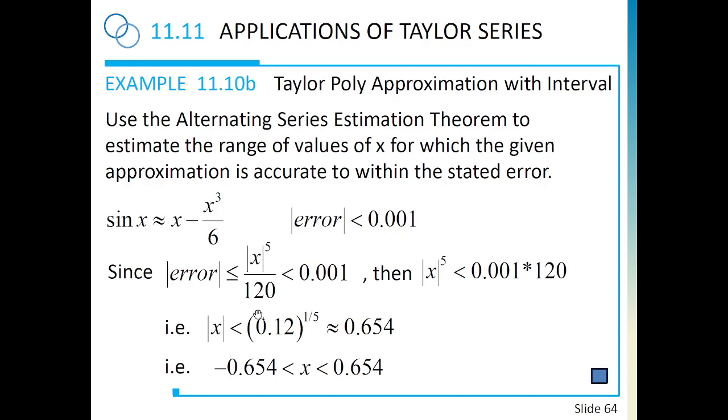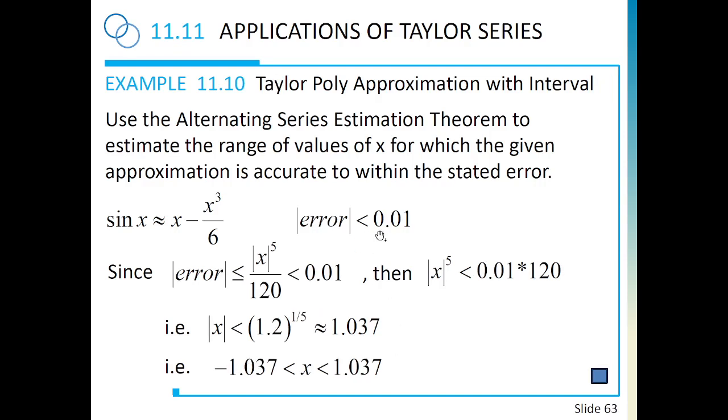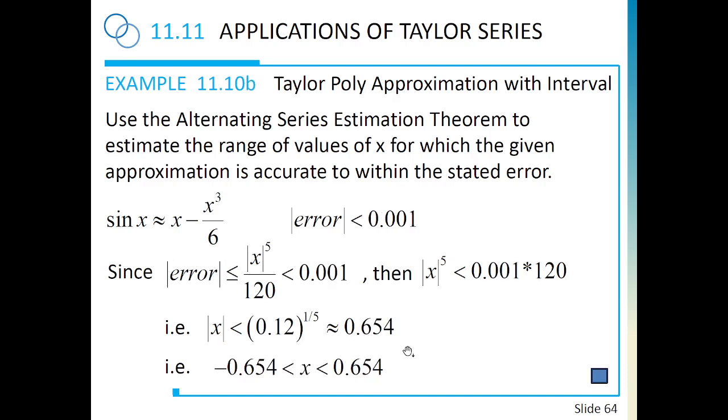We have our estimate for the error, so the upper bound is given by the alternating series estimate, and it needs to be smaller than 0.001, so we do some algebra and we find the interval here. If you compare, when we require the error to be smaller than 0.01, we have an interval with 1.037, but when we ask for a much better approximation, the interval is smaller.